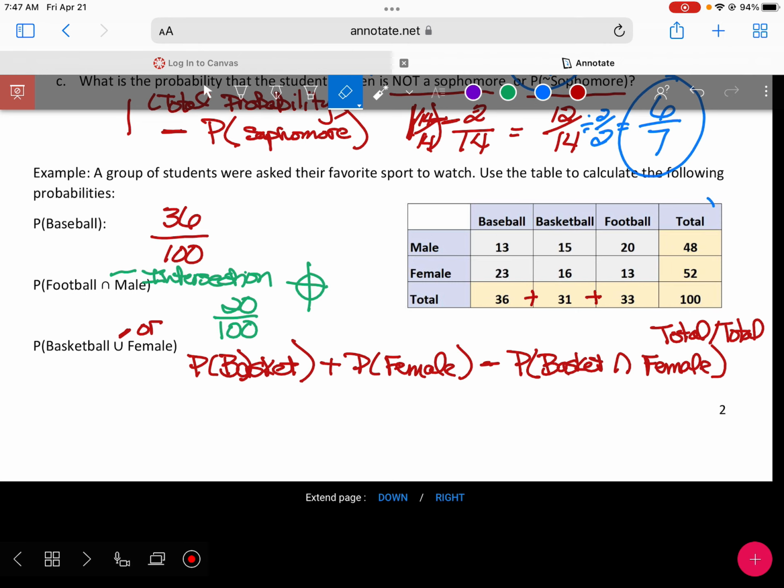So the probability that someone likes basketball, period. What is that probability going to be? 31 out of 100, yes. So that's 31 out of 100. Plus, what's the probability that someone selected here was female?